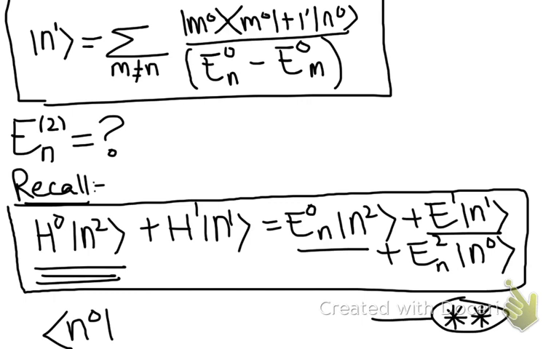Alright, so let's do it. Let's dot my N0 with the equation double star. What do I get?